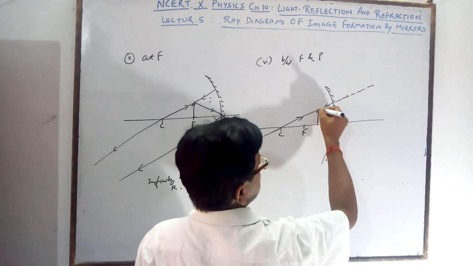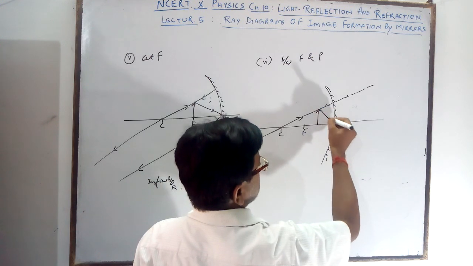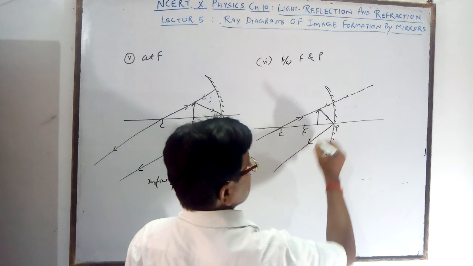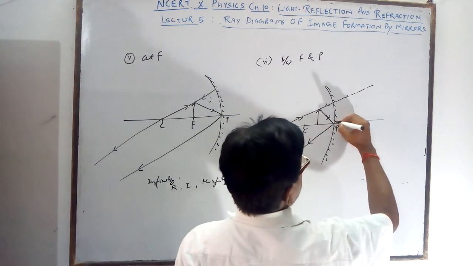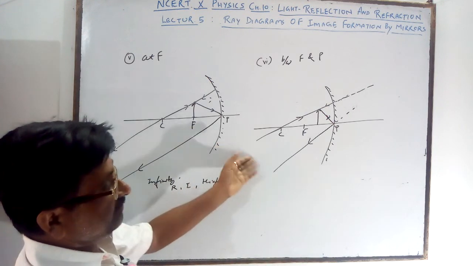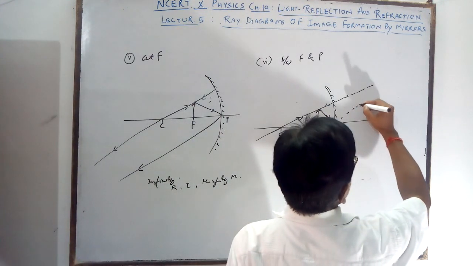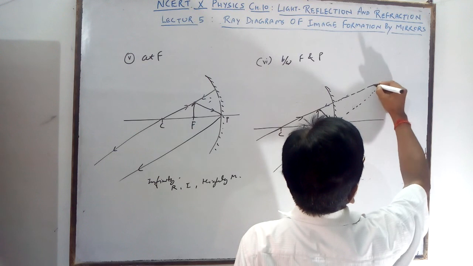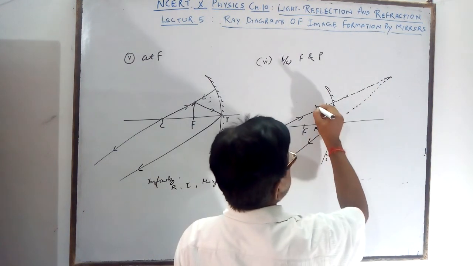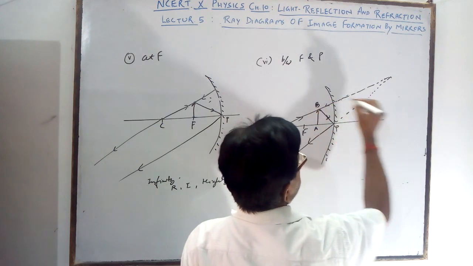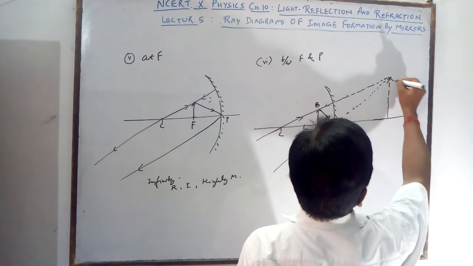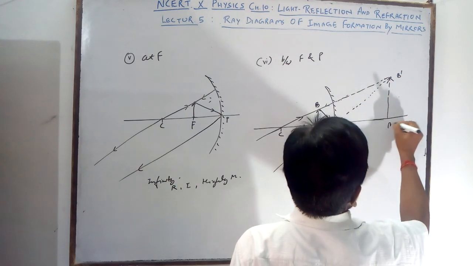One ray you take which is coming here and giving you reflection like this. When you produce it back side, because the distance between them is increasing, they never meet. It will meet after producing it back side. It is meeting at this place, and if it is AB, then you will get the image B dash, A dash.